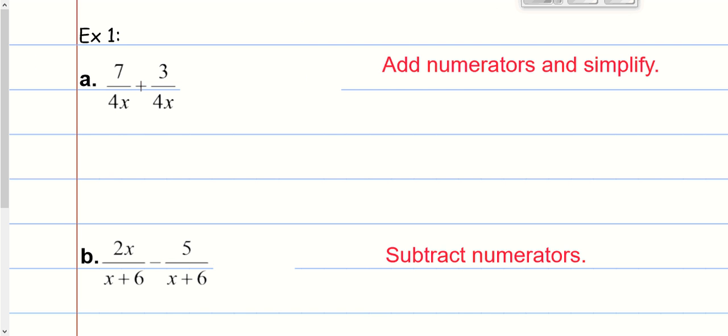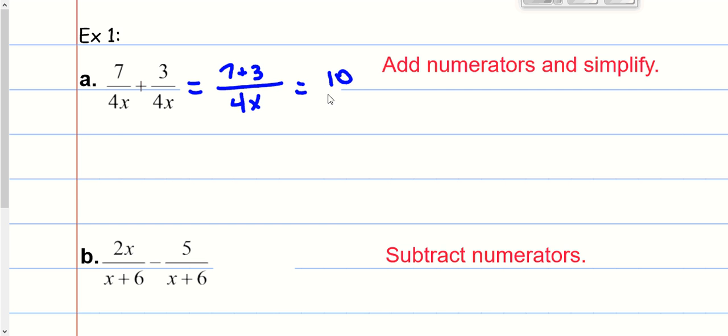If I have 7 over 4x plus 3 over 4x, my denominators are already the same, so I'm going to add my numerators and simplify. So we have 7 plus 3 over 4x, which is going to give us 7 plus 3 is 10.